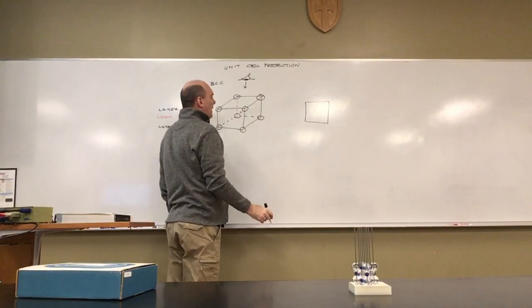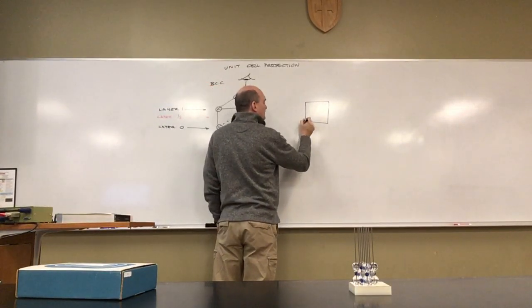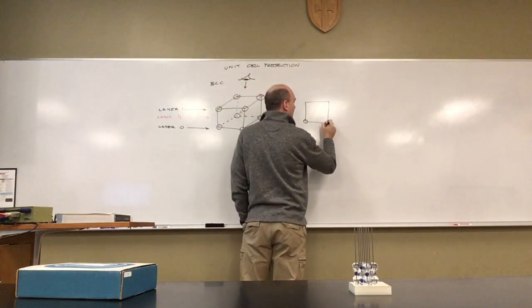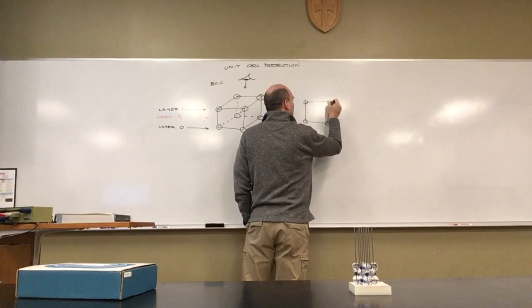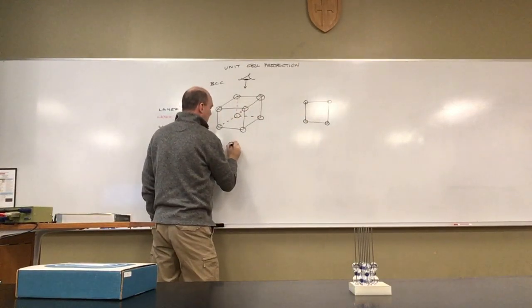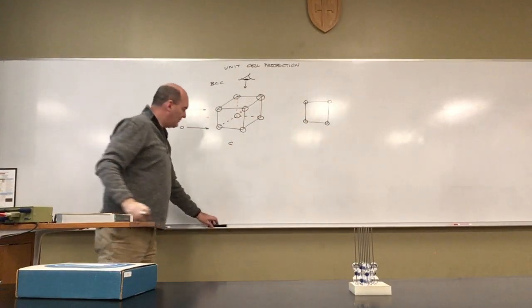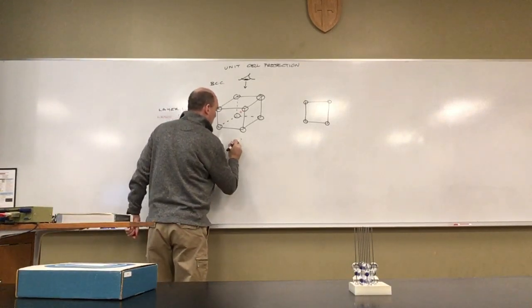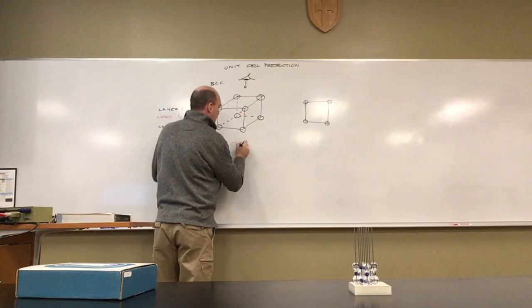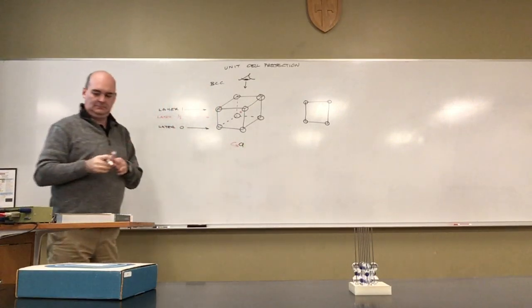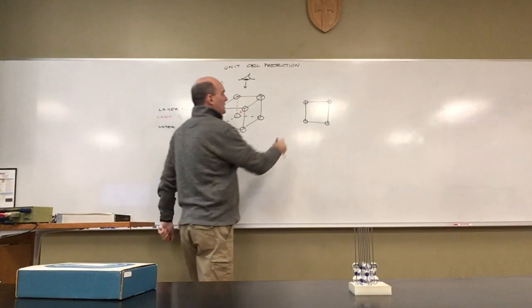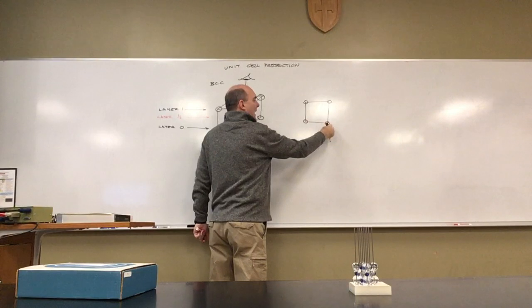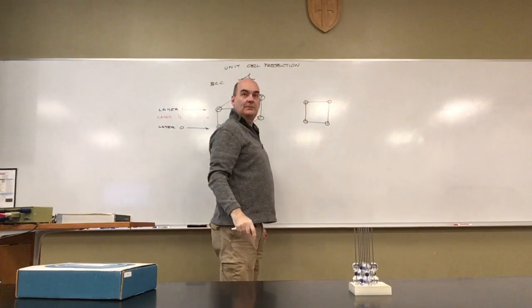Okay. At layer 0, there are anions. Remember, this could be cesium chloride. So at layer 0, there are anions at every corner.